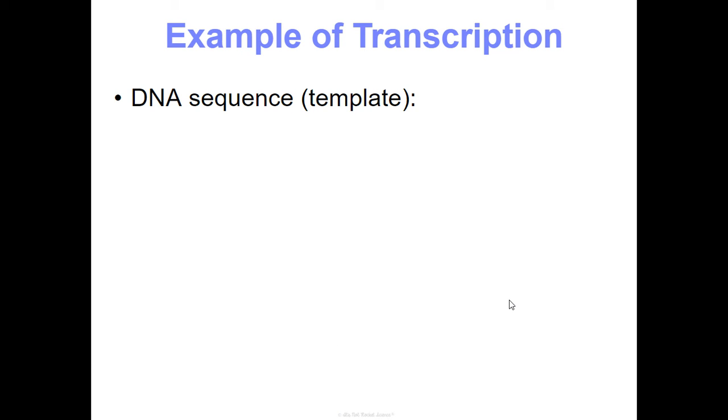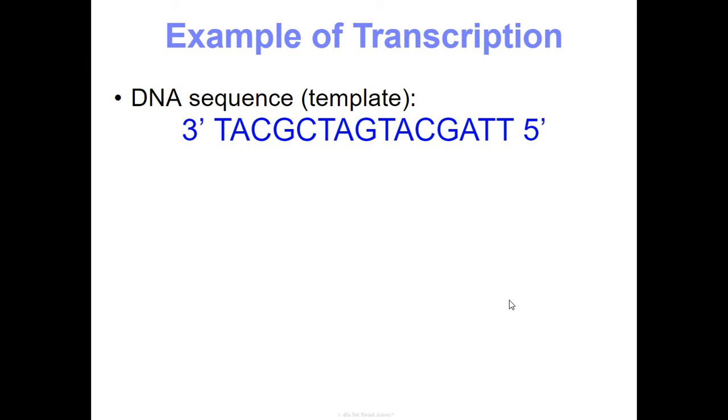Now, in your note packet, what I'd like us to do next is practice actually transcribing a piece of DNA. So here is our DNA template strand. This would, for example, be a gene that might code for your hair color. Here you're going to read the DNA in the 3 to 5 direction, so from left to right.